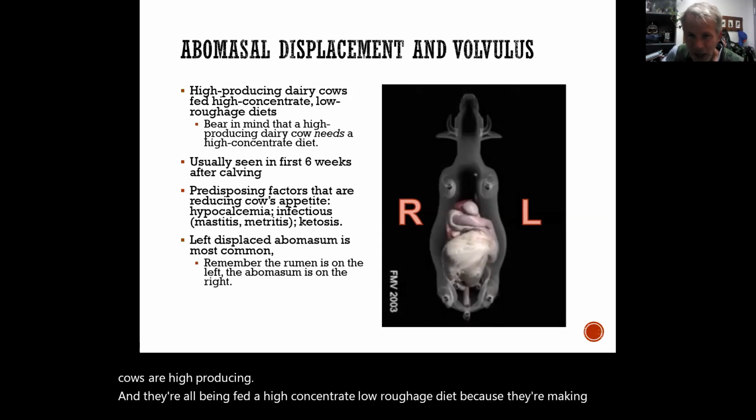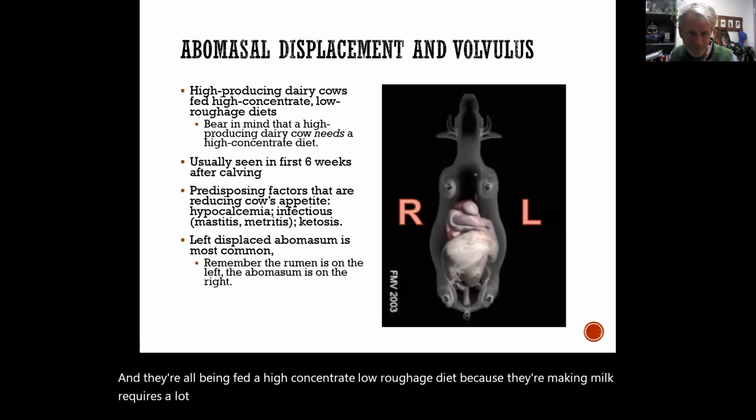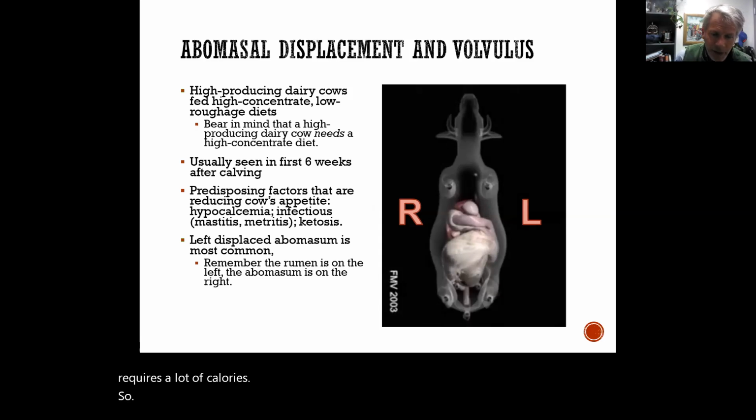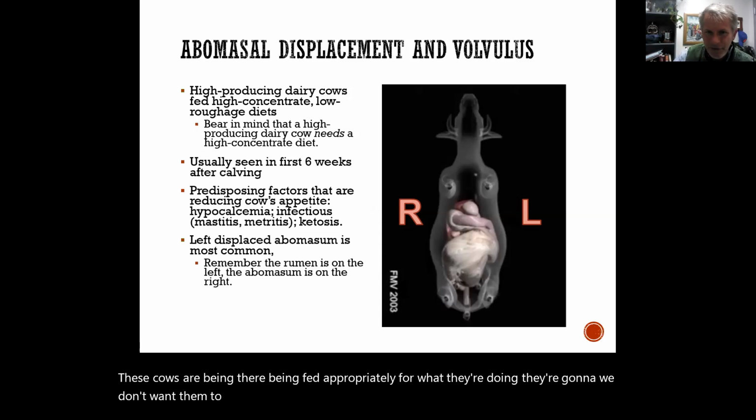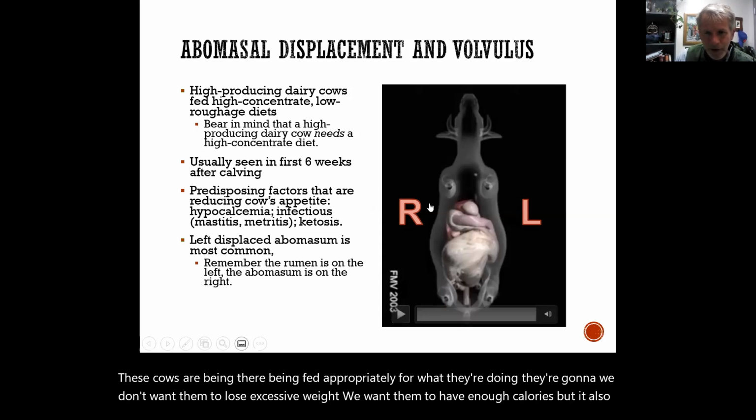Milk requires a lot of calories. So these cows are being fed appropriately for what they're doing. We don't want them to lose excessive weight. We want them to have enough calories, but it also means that they're at risk.